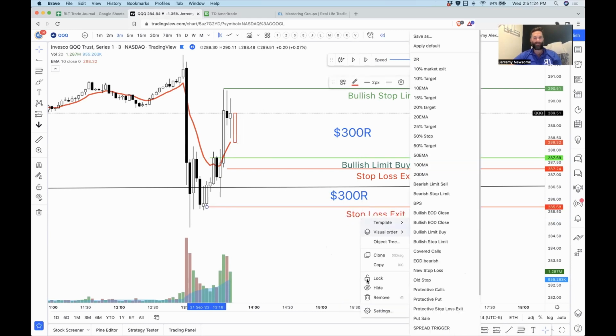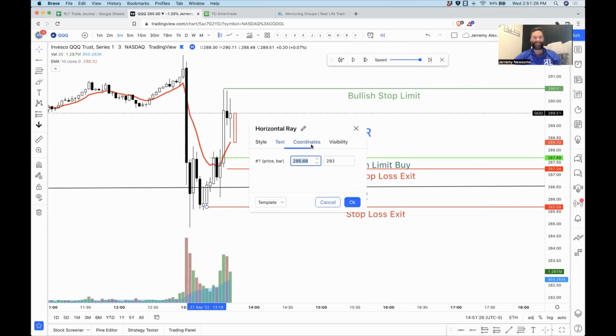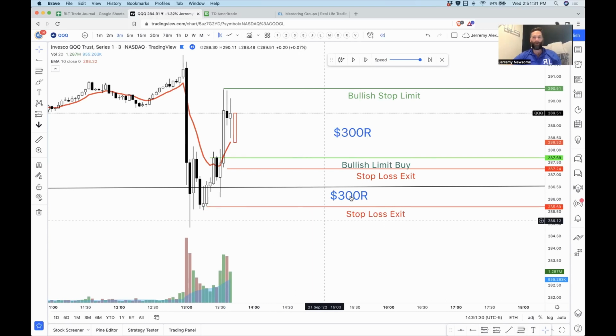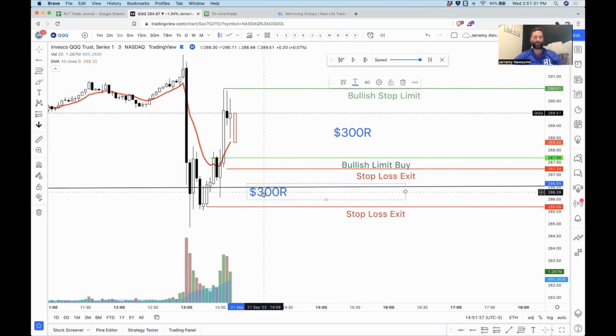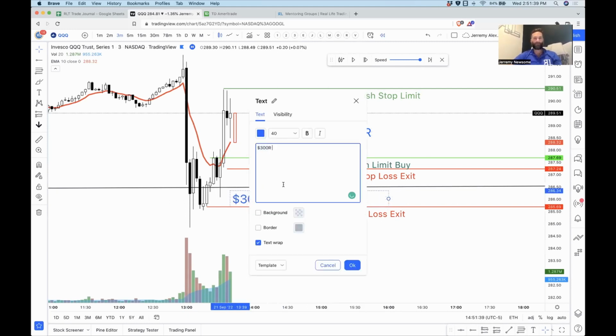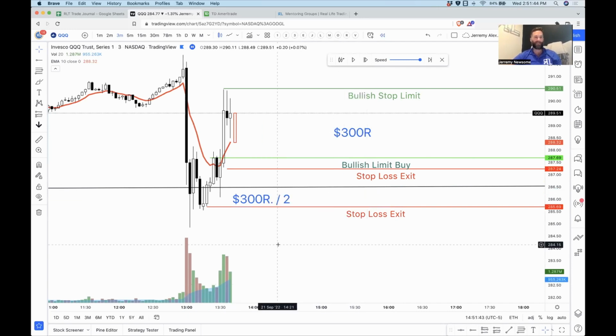It looks something like this on the screen: 287.69 by 285.69. So now it's a $2 stop on 300 shares, divided by 2. So that's the new 150. Everyone can do that in their head.